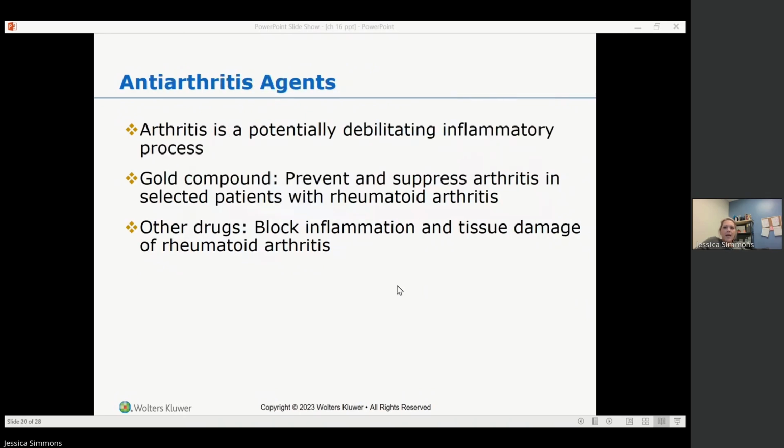All right, anti-arthritis medication. Arthritis, or if you know anybody with arthritis, it can be very debilitating for people. So arthritis starts on page 280 and continues on page 282.